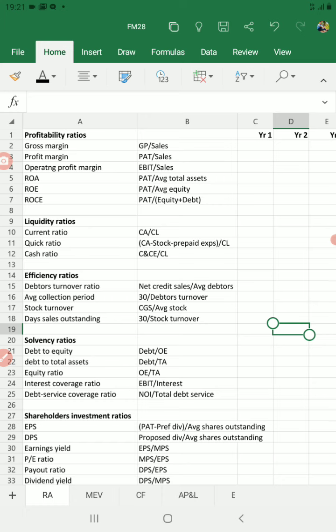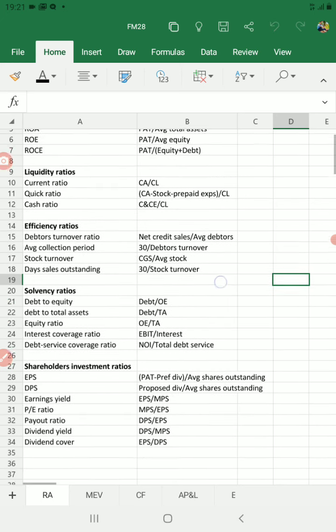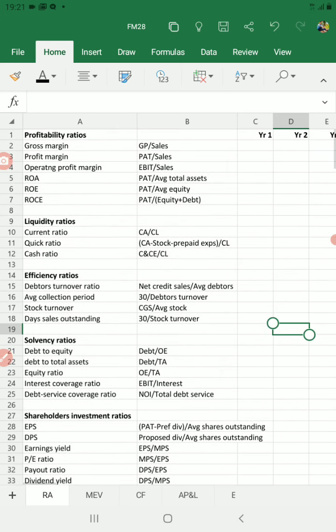We have profitability ratios, liquidity ratios, efficiency ratios, solvency ratios, and shareholder investment ratios. These are the major classification of ratios that are used for the purpose of valuing the business.